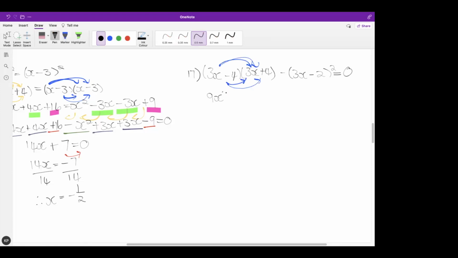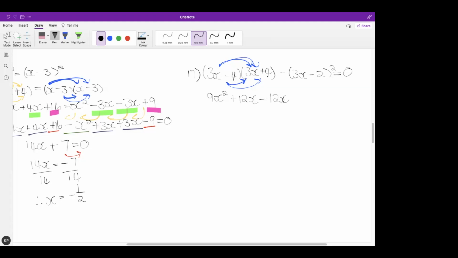Thank you. Then 3x times positive 4 is plus 12x. And then the inner one is negative 12x because this time it's 3x times negative 4. All right.